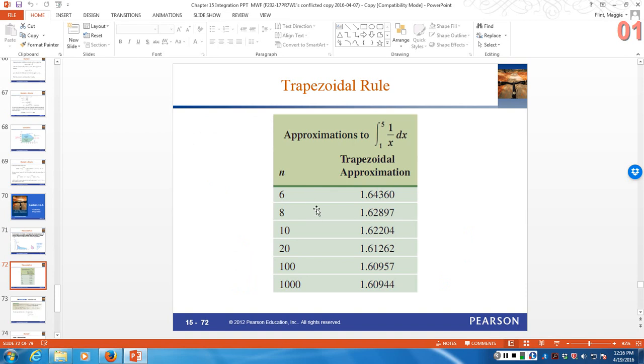Same idea as with the rectangles. If you use 6 trapezoids for 1 over x dx from 1 to 5, you get this approximation. If you did 8, you would get this one. If you did 10, you get this one. If you did 20, 100, 1,000, by the time you get to 100 or 1,000, you realize the area is going to be 1.609, with very little difference between the two.